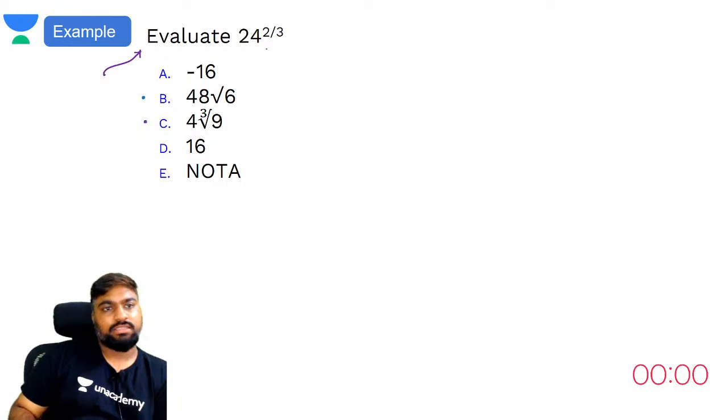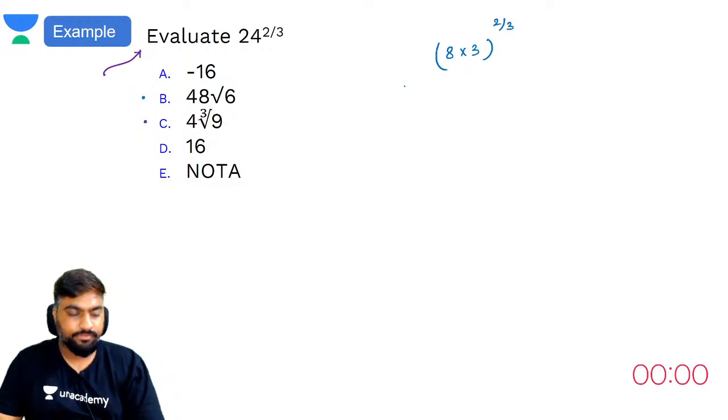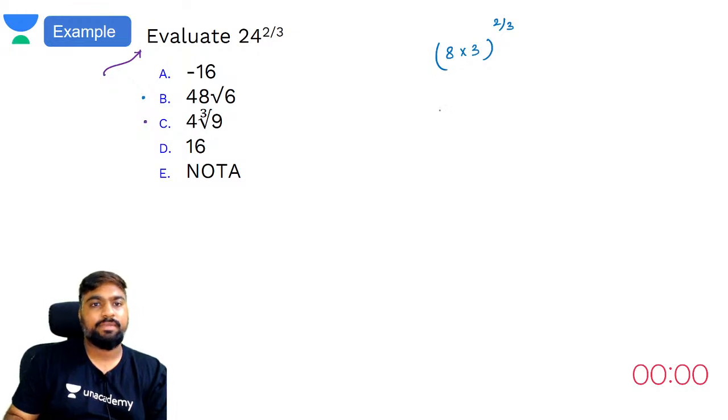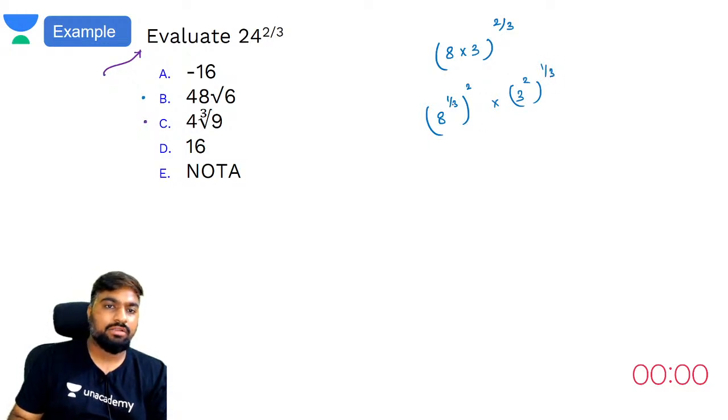So let's try this. 24 can be written as 8 into 3. Yes, 8 into 3 to the power 2 by 3. Correct? Split this, write this as 8 to the power 1 by 3, the whole square, into 3 to the power 2 to the power 1 by 3. What is this? 8 to the power 1 by 3, that is the cube root of 8, is 2. 2 square is 4, into what is this?